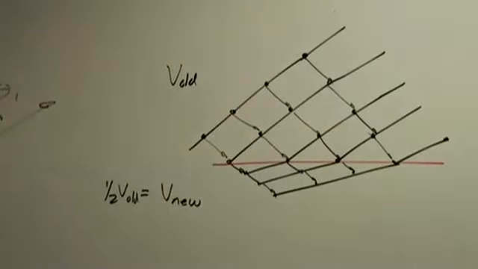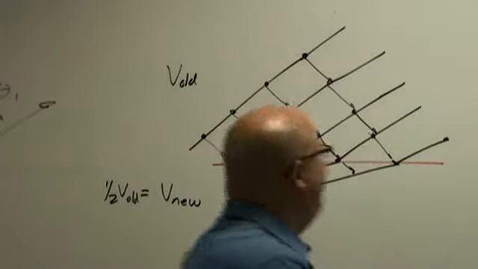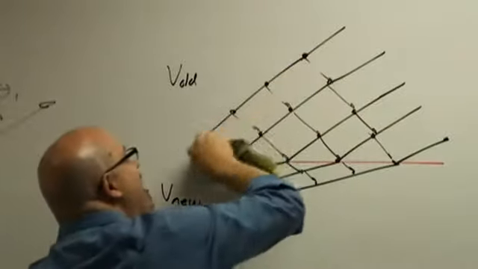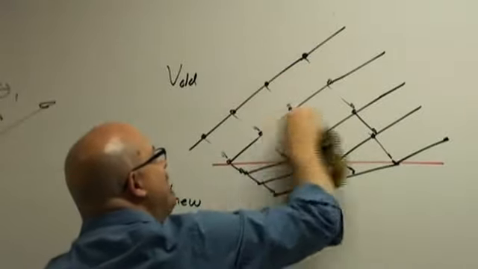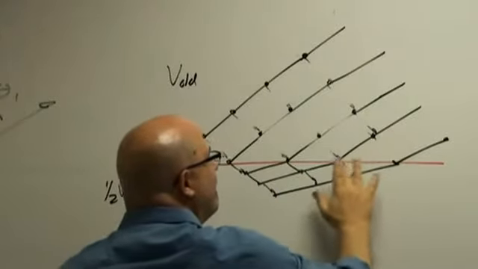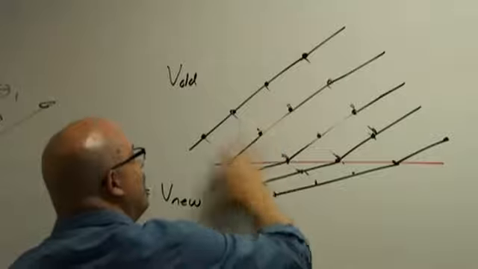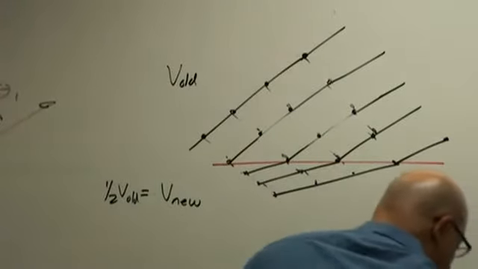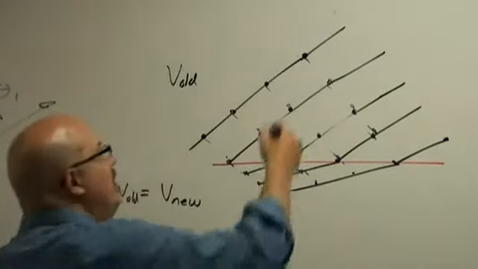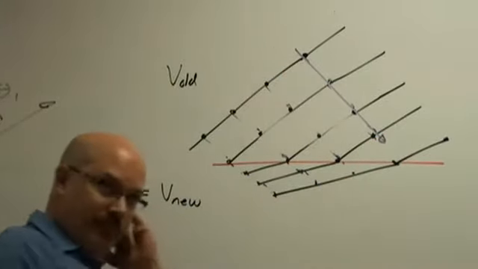Anybody see what's happening? Turning into a web. If I erase these, it's a little easier to see. What's happened is that this wave out here is traveling this direction.